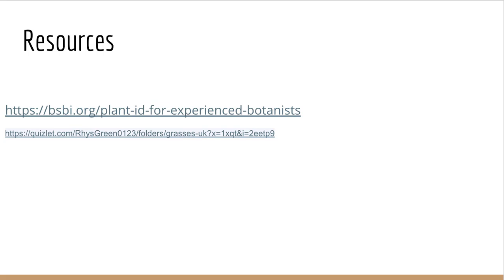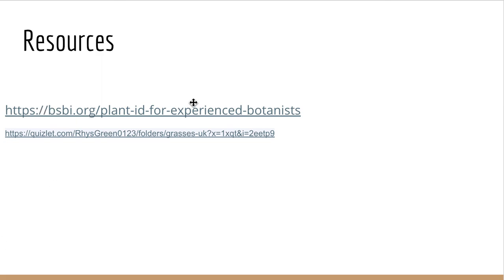Moving on to resources. Resources are definitely a major help when IDing grasses. For example, you need the images of the ligules and the auricles and all that sort of stuff. You need the information on whether it is a panicle or a raceme inflorescence, and where it grows, whether it prefers wetland, acidic grassland, or heathland.